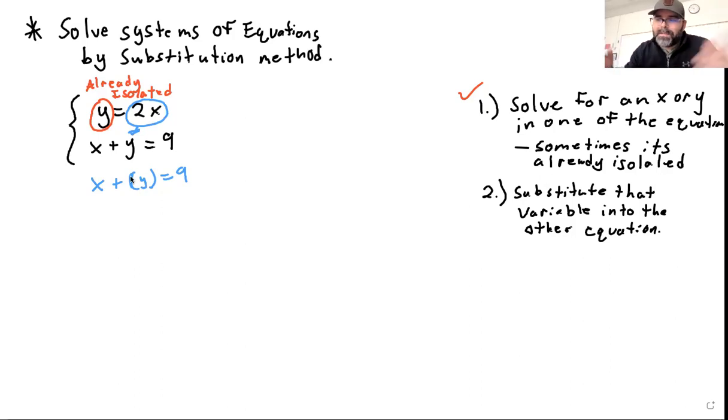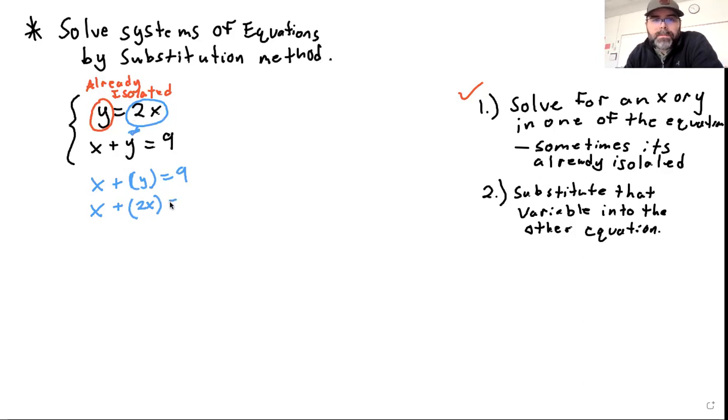It's like greasing the engine, all right? We're getting ready to do something with this. So x plus, now instead of y, what am I going to put in the parentheses? 2x. Exactly. So I've taken 2x, which I know is the same thing as y, and I'm substituting it in for y in the other equation.